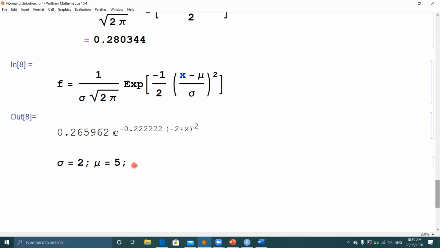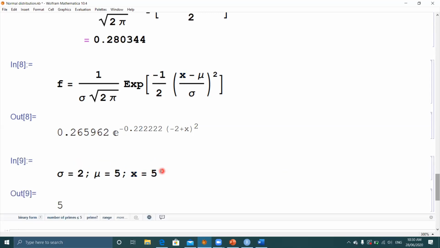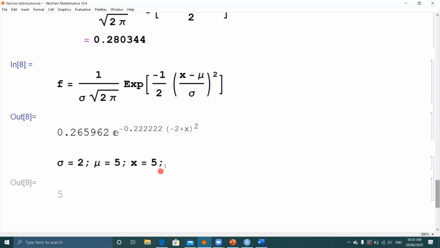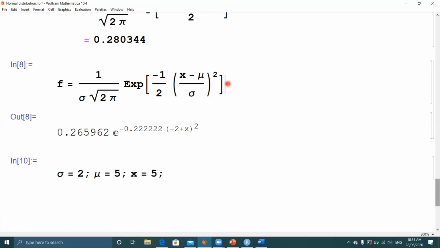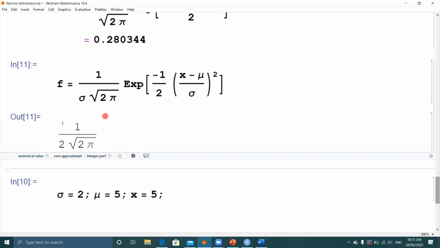We have seen that the peak exists at mu, so x is equal to 5. If we take these points here, then the value of the maximum ordinate is 1 over 2, and sigma is replaced here.